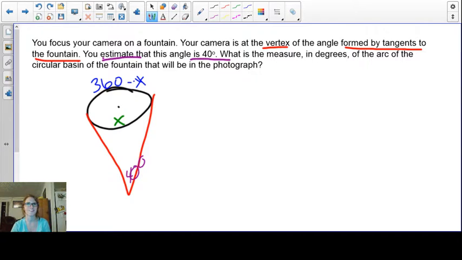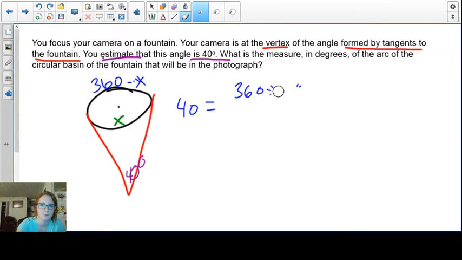Do I have enough pieces now? Yeah. So I know that 40 is equal to 360 minus x, minus x. Wow. Hold on.